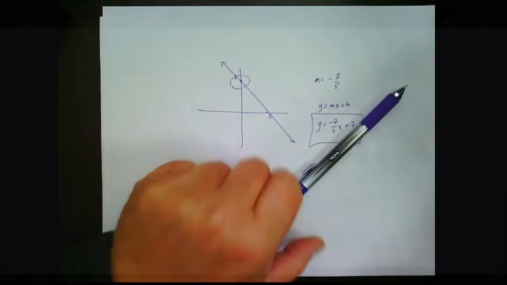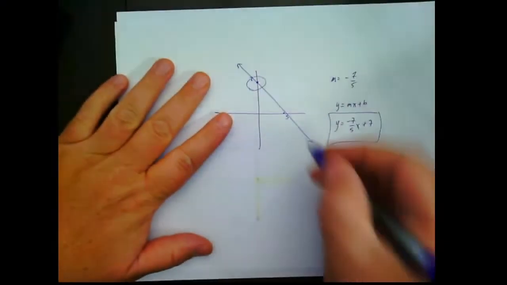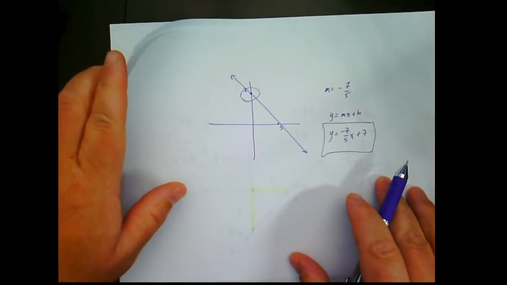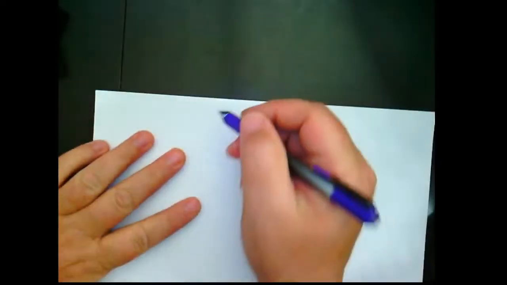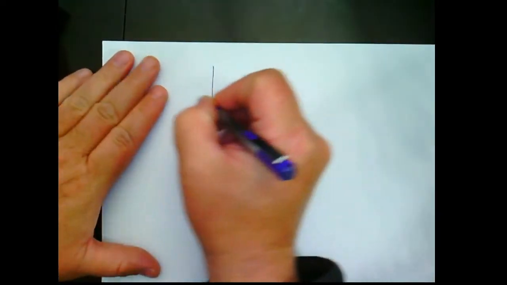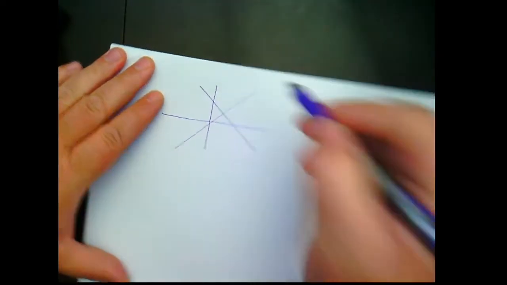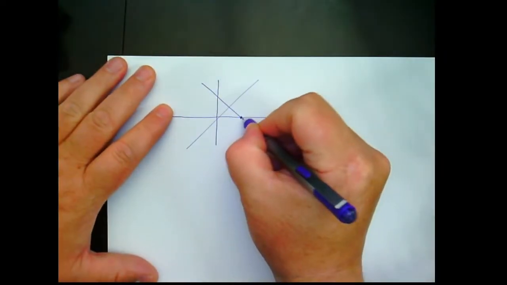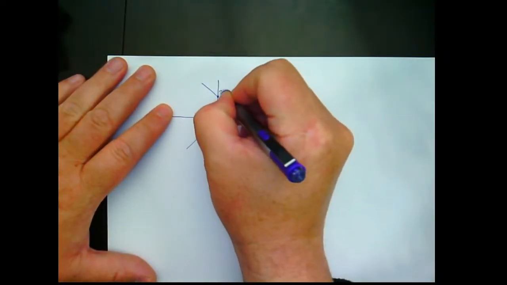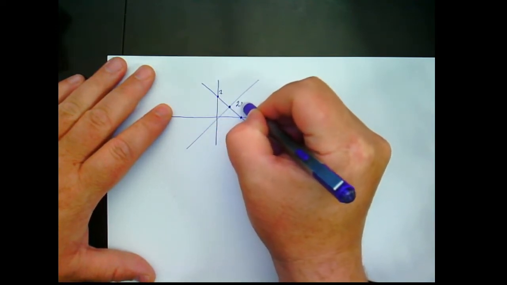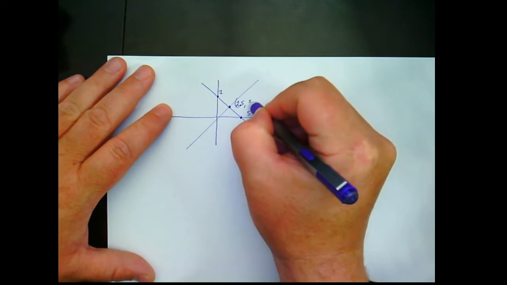Let's go back to our paper right here. So check this out. Let's be nice and neat. Let's sketch our thing right here. I know this is a 5, and I know that this is 7, and I know that this point right here is 2.5, comma 3.5.